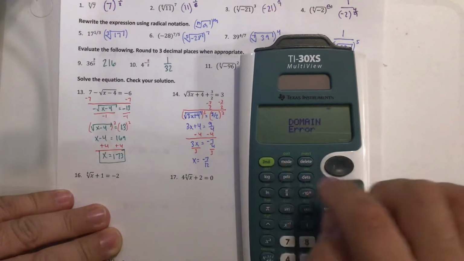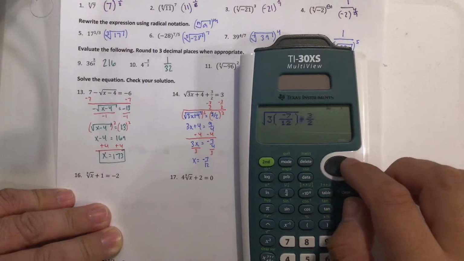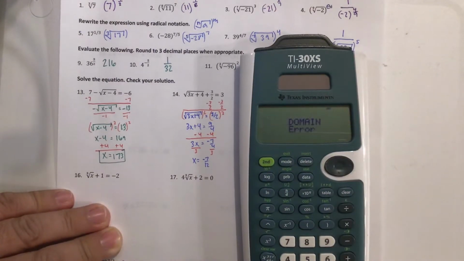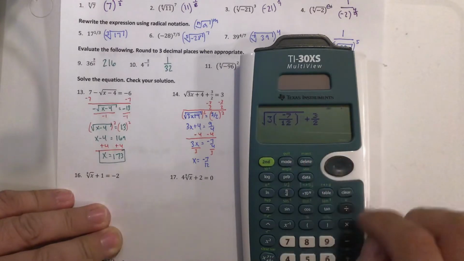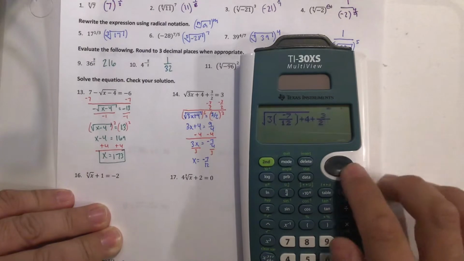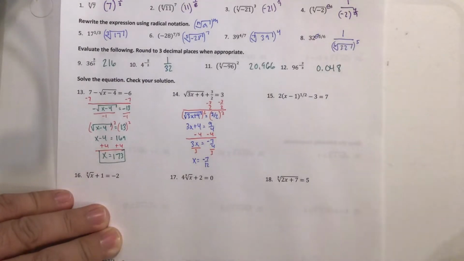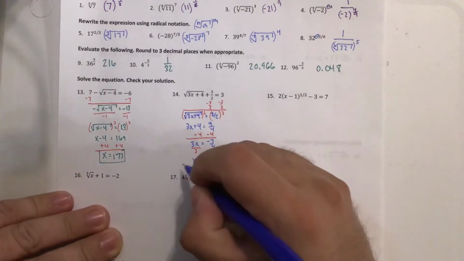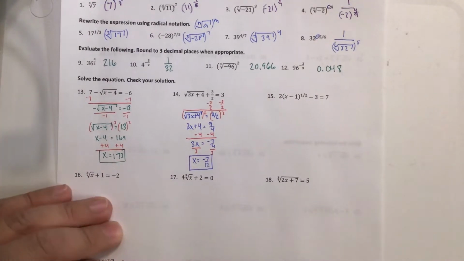All right, let's see if I made a mistake somewhere. Oops, still a domain error. Oops, forgot the plus 4. That makes sense. There we go. Plus 4 plus 3 halves. There we go. And we do get a value of 3. Nice. So yeah, sorry about that. So be careful with these calculators. Make sure you pay attention to what you're typing in.